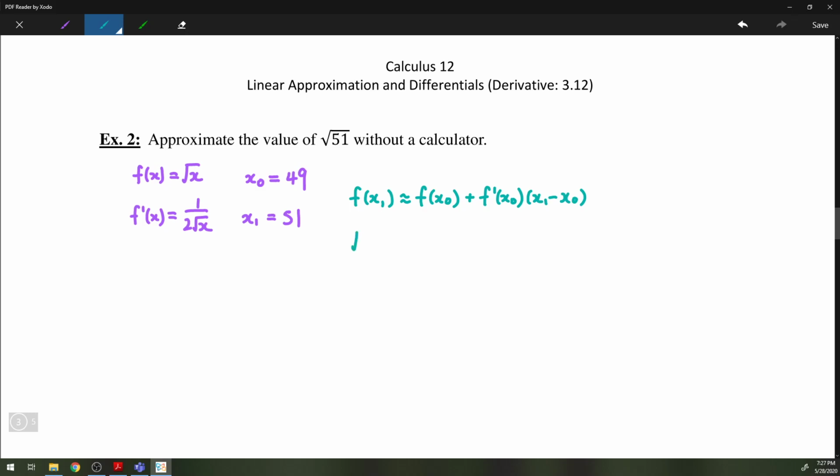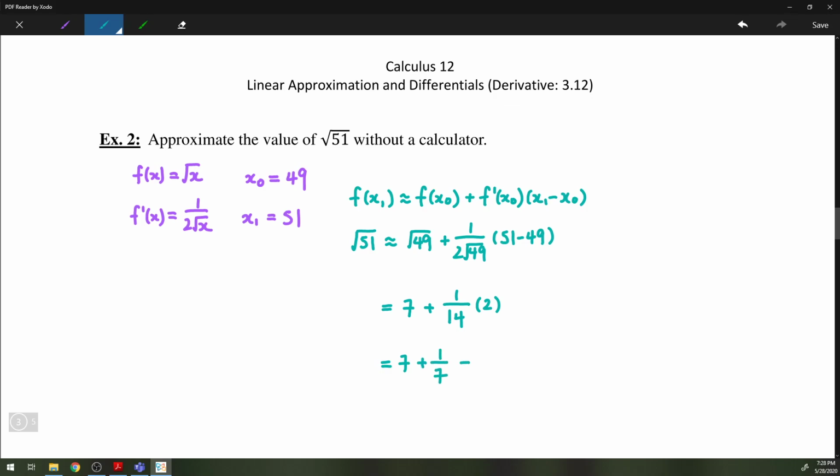We will have the square root of 51 this time is approximately equal to the square root of 49 plus 1 over 2 times the square root of 49, and then, of course, in parentheses, 51 minus 49. So, if you evaluate the square roots, that will be 7. And then 2 times 7 is 14. And then 51 minus 49 is simply 2. So really, this simplifies to 7 plus 1 over 7.